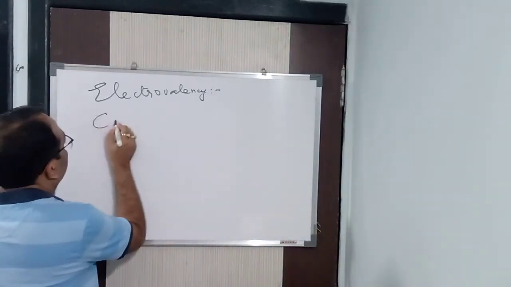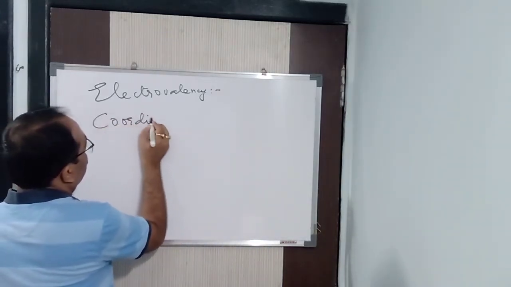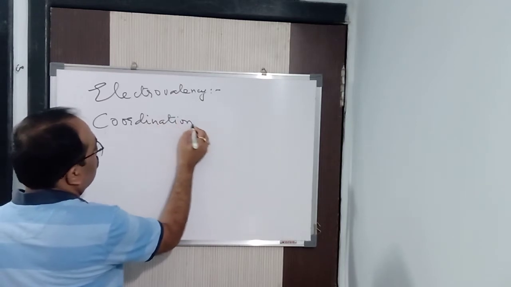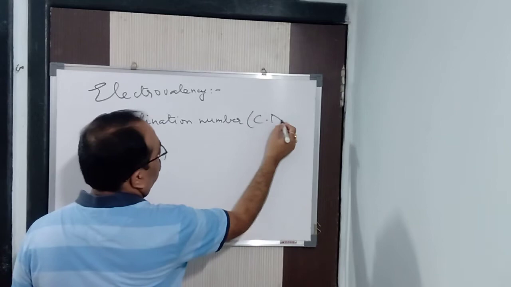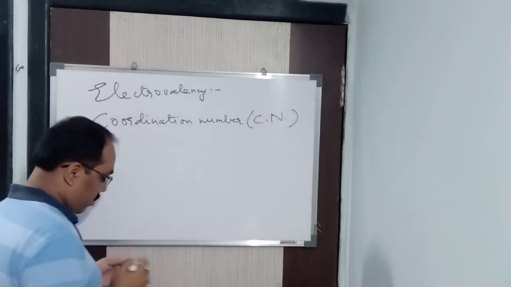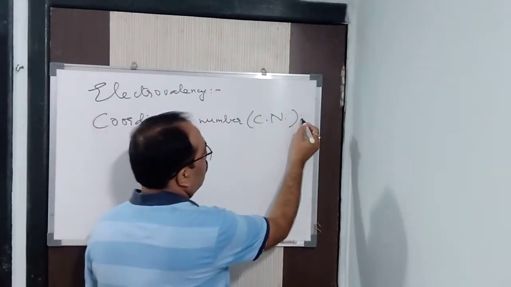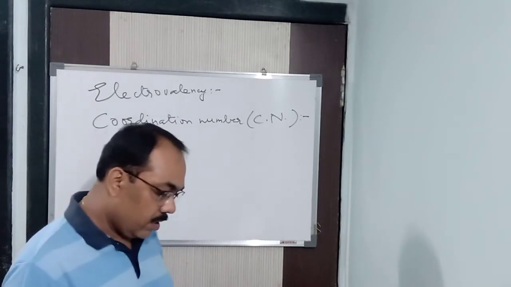Now, next is coordination number. Another definition. Generally, you will see it noted as C.N. So, what is coordination number? Write the definition.